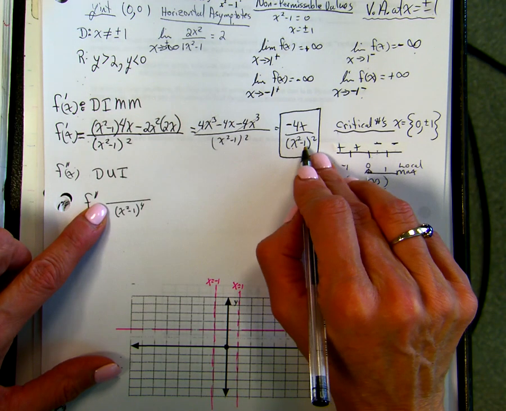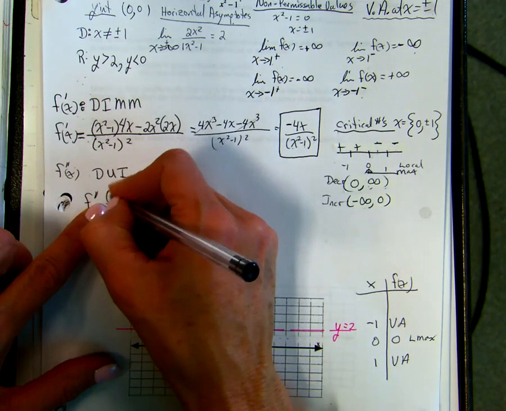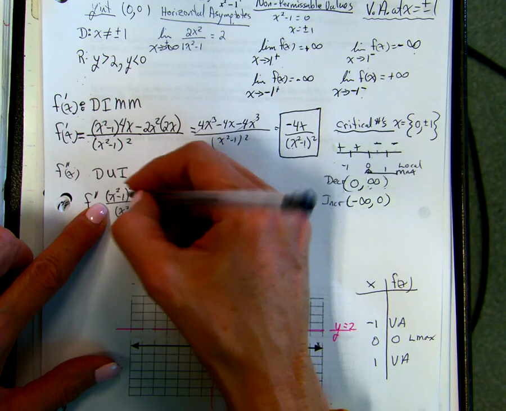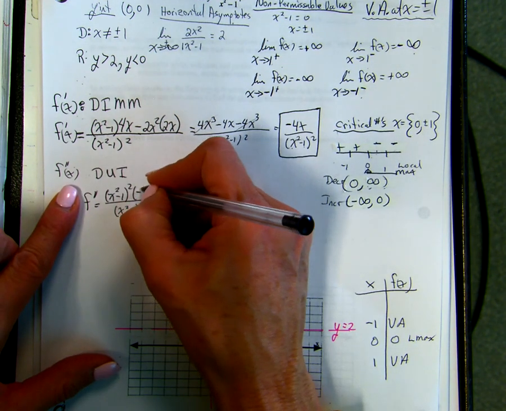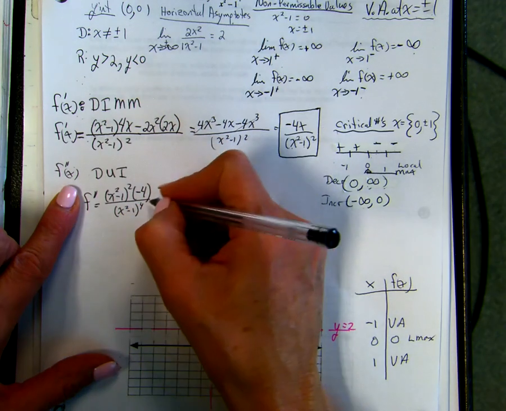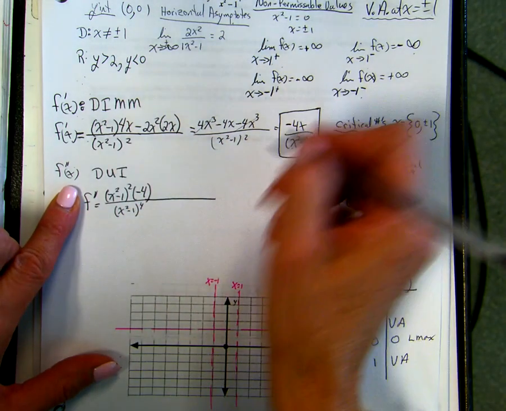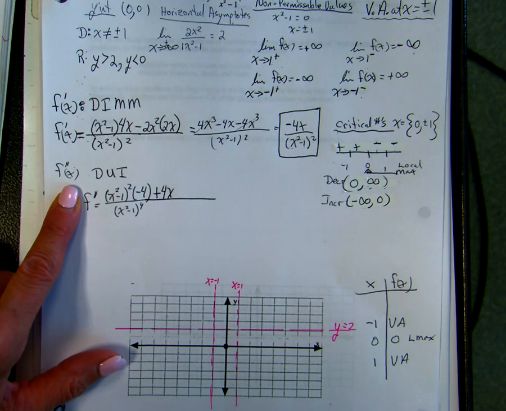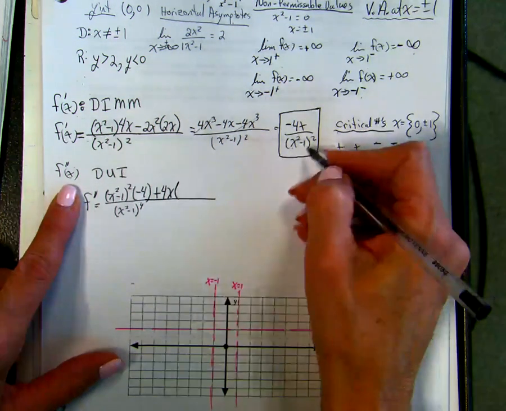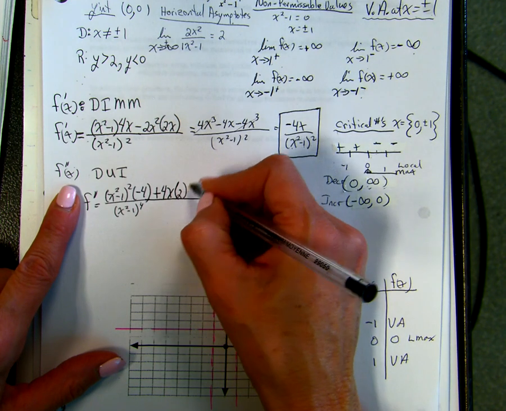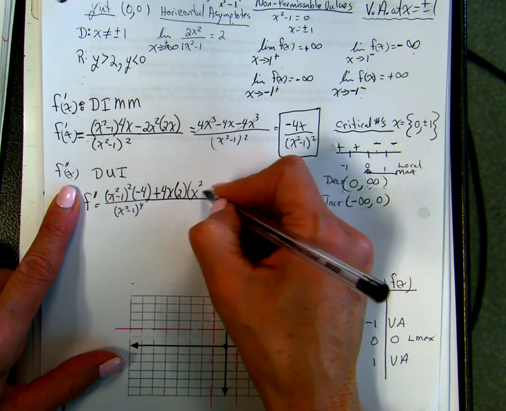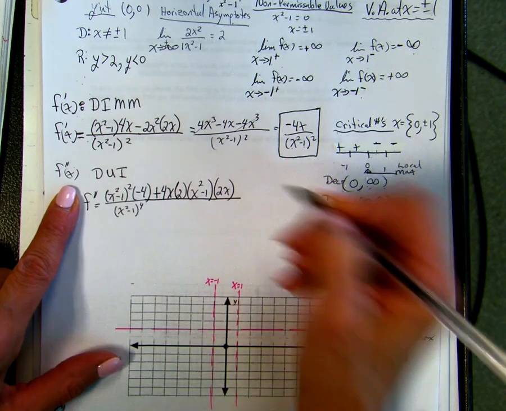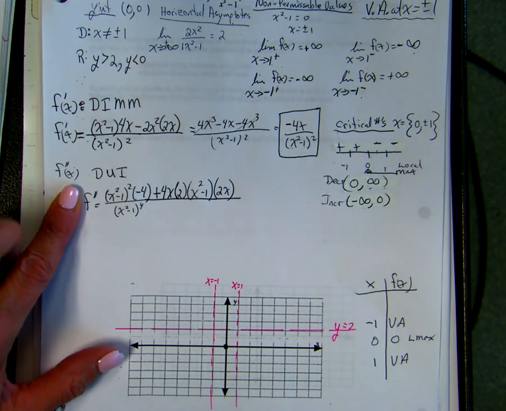Taking the derivative of this, then, it's going to be low, x squared minus 1 all squared, d high, which is going to give me -4, subtract -4x times the derivative of the bottom, which is going to be 2 times x squared minus 1, chain rule, times 2x.